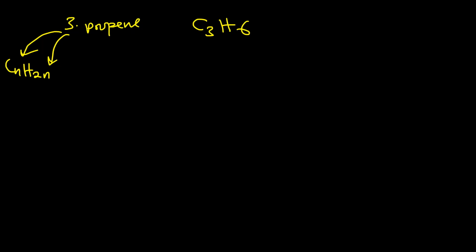It doesn't necessarily matter where it's supposed to be, unless you are given the name, then you can be specific about where to put the double bond. So we can start like this, 3 carbons. The double bond can be here, the name will still be the same. If you put a double bond here, this one only has 2 bonds remaining, but the one in the middle is already bonded to 3 because the double bond is 2 bonds, so you just need 1 hydrogen on top.